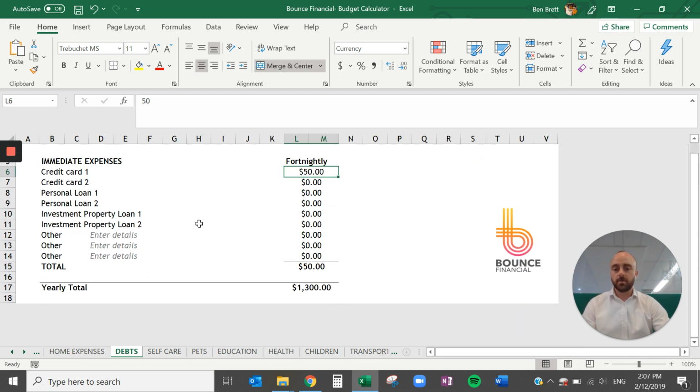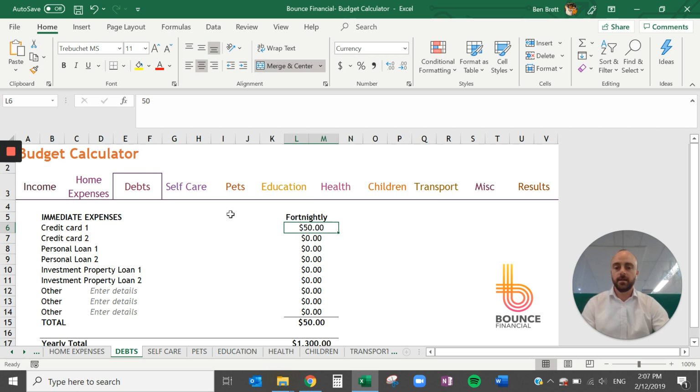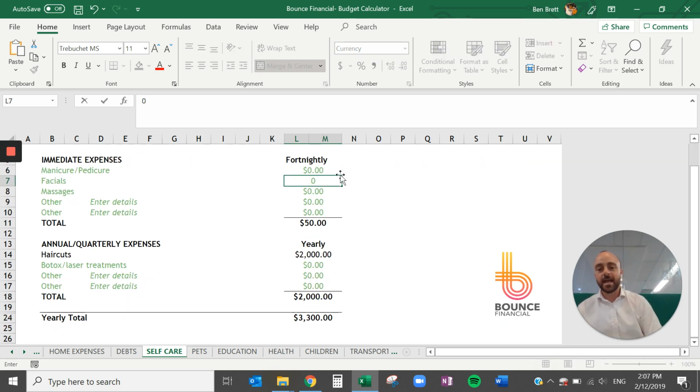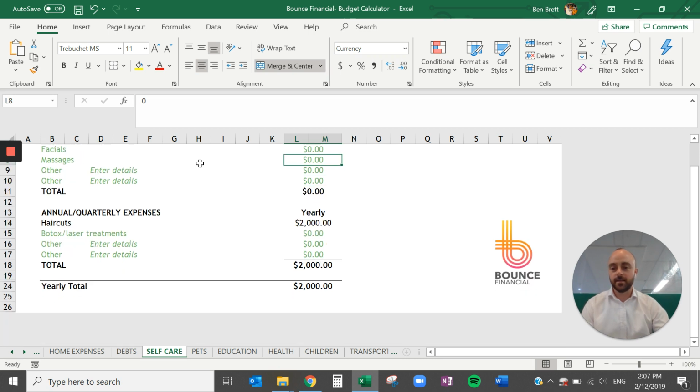Debts, again, we've got to pay off our debts. So assuming $1,300 is going off the credit cards. Cool. All right, self-care. If we remove perhaps our manicure, which I'm sure my fictional wife in this scenario is going to be disappointed about, and remove facials, let's see what that has done to it, whether that's brought us down.